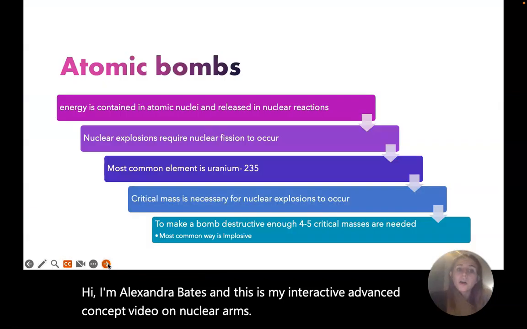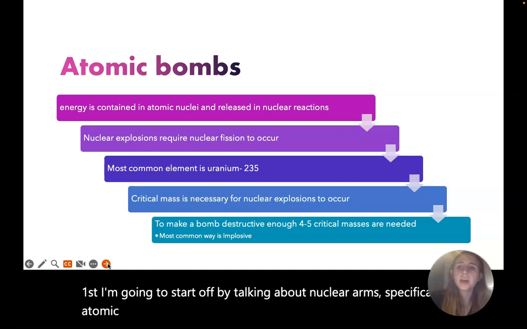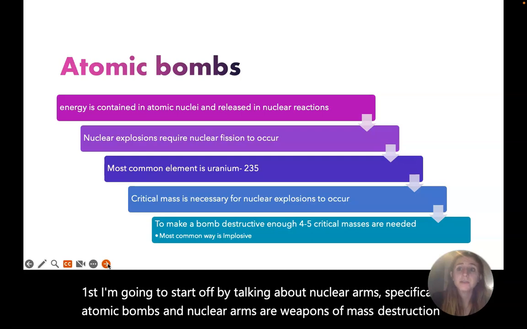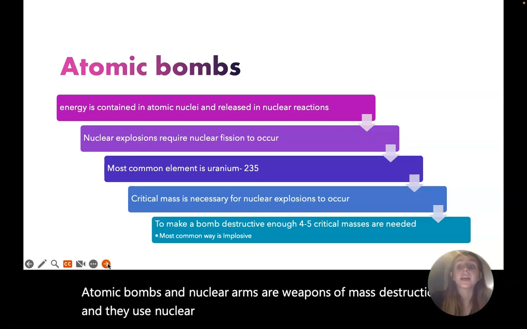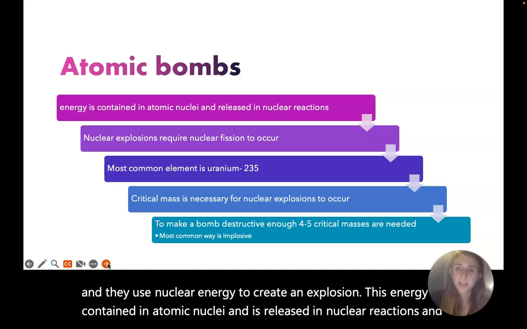First, I'm going to start off by talking about nuclear arms, specifically atomic bombs. Nuclear arms are weapons of mass destruction, and they use nuclear energy to create an explosion. This energy is contained in atomic nuclei and is released in nuclear reactions and radioactive decay.